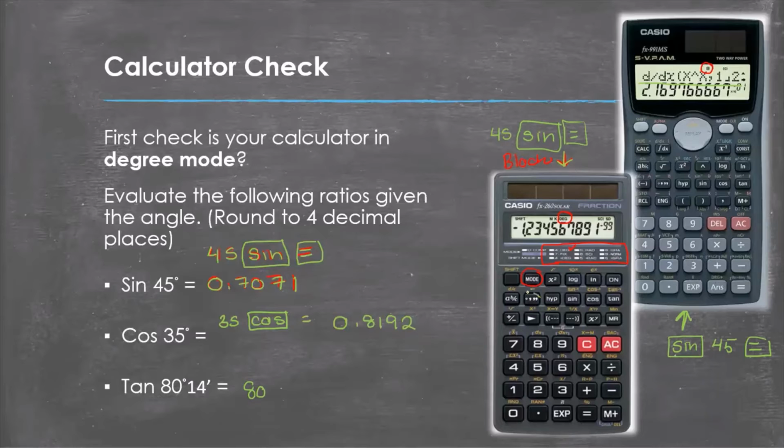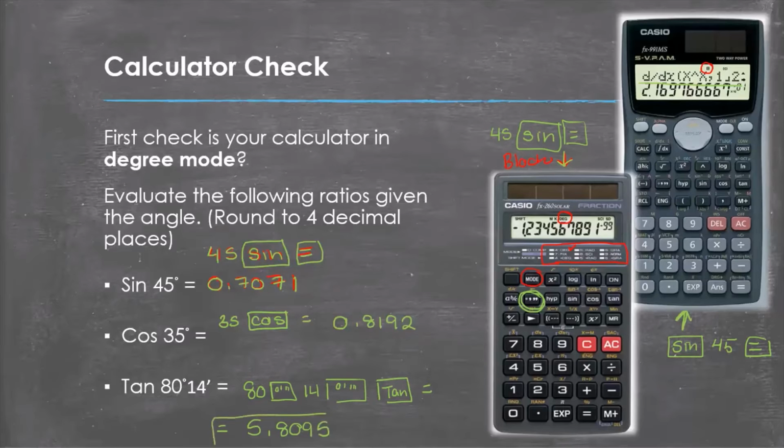The degree button is this one right here, okay? So you press your degree, minute, second button, and then you'll do 14, and then you're going to press that degree, minute, second button, and then you're going to press tan and equals. You should get for an answer 5.8095.